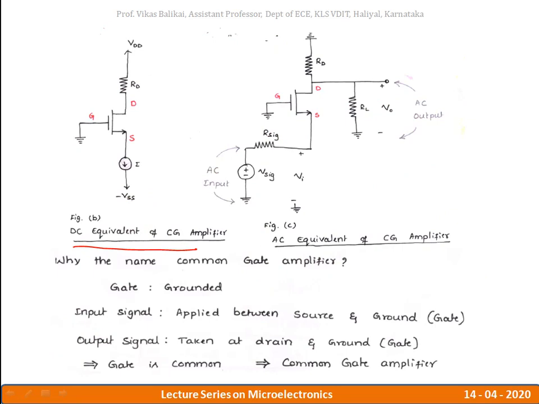When I talk about the DC equivalent circuit of a common gate amplifier configuration, I will be grounding all the AC sources, and I am making the capacitors open circuits, since capacitors block DC.